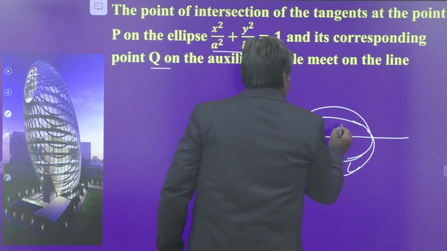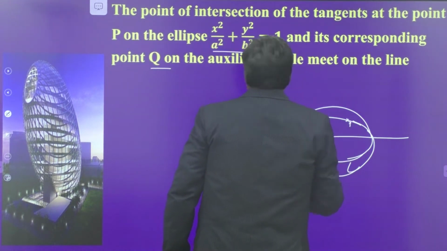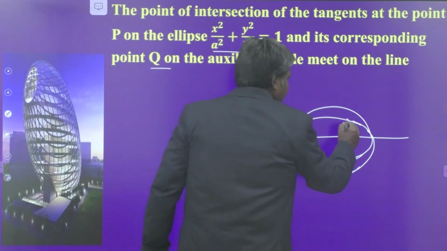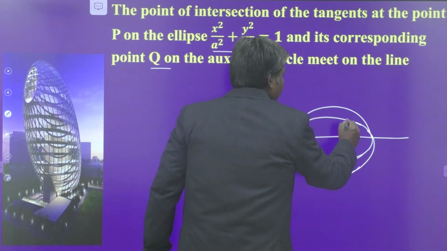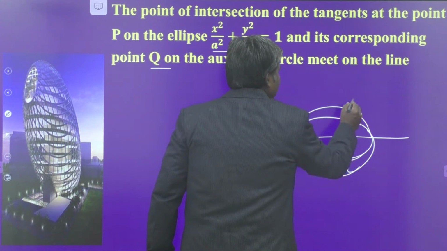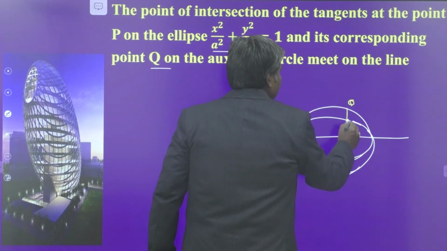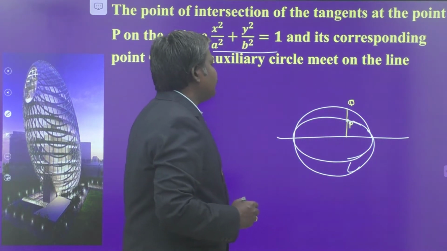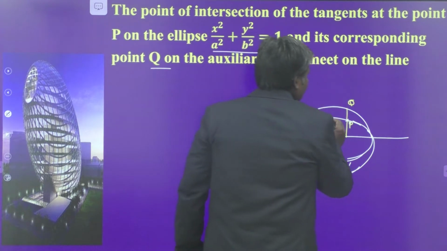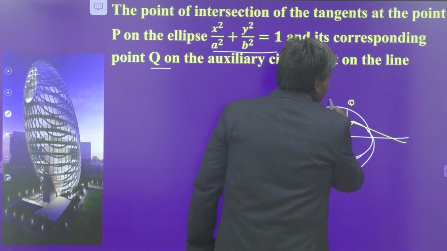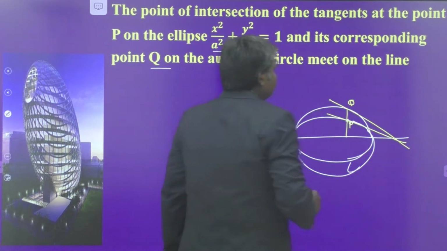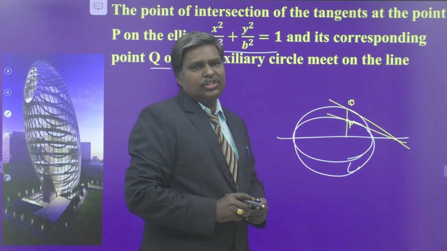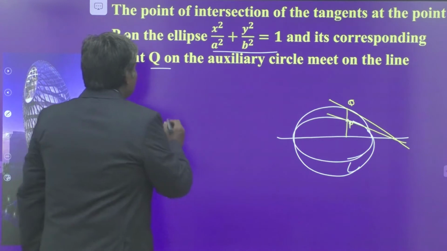If you take any point here, this is the ordinate of P, and produce it up to here, it meets the auxiliary circle at Q. Then P and Q are the corresponding points. We have to find out the point of intersection of tangents at P and at Q. That point of intersection lies on what? That is your question.